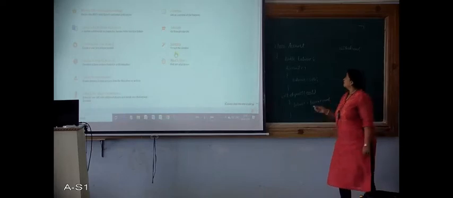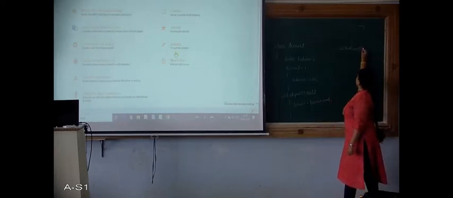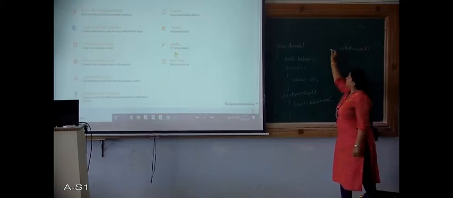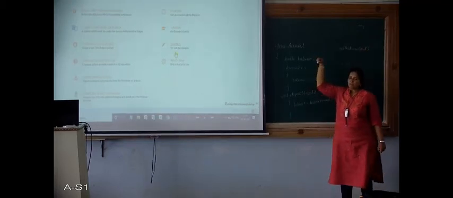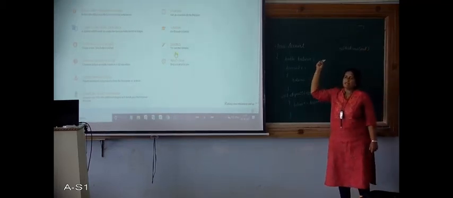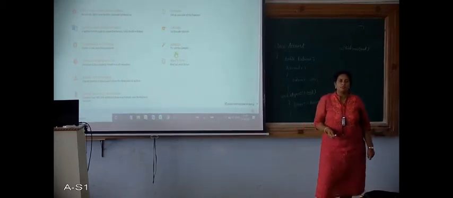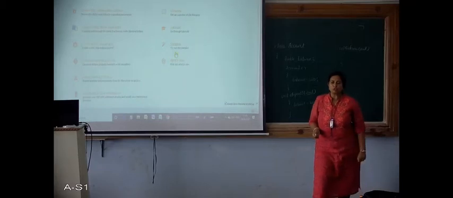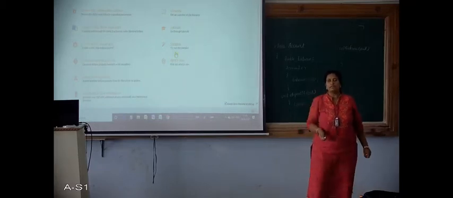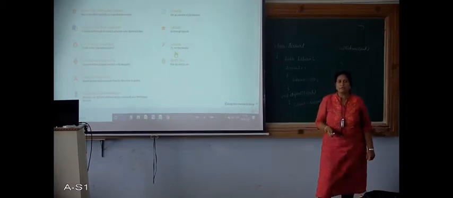Correct? But here I am taking the amount as a parameter, and you can return the balance, or you can take one more method like display balance. So, whenever the user just wants to see the current balance of his or her account, they can just call the display method.